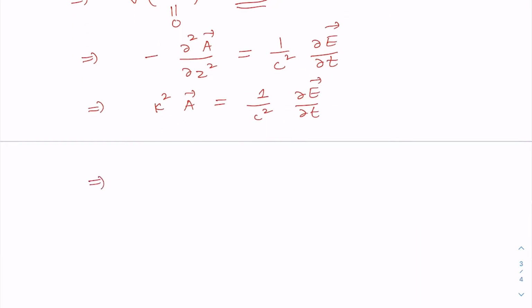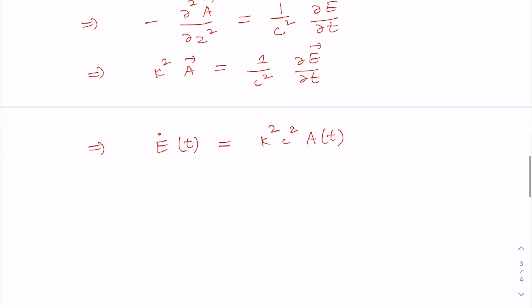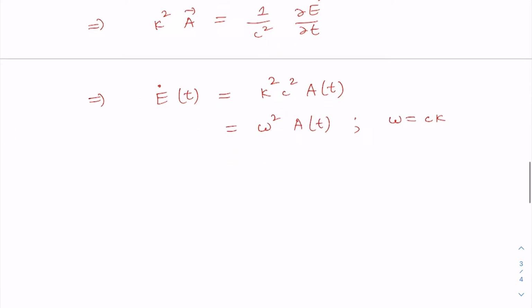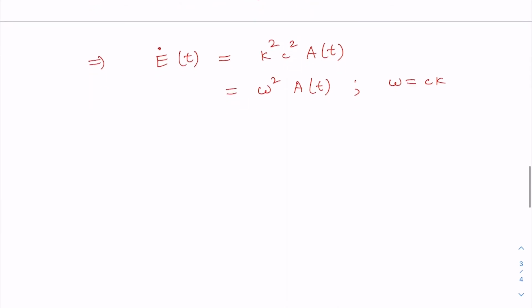Alright, or I can just write the time dependence of this electric field would be equal to k squared c squared A(t), which I can also write as omega squared A(t), where omega is equal to c times k. Now let us define a dimensionless variable.